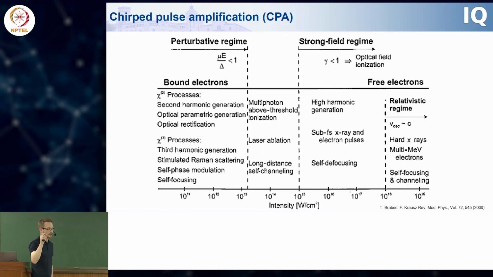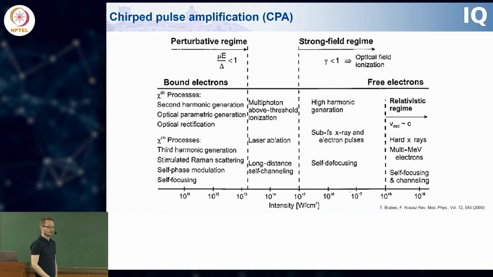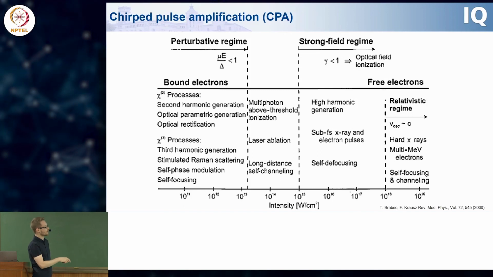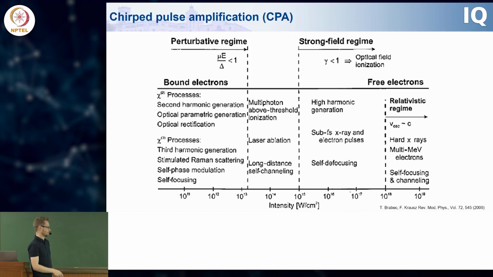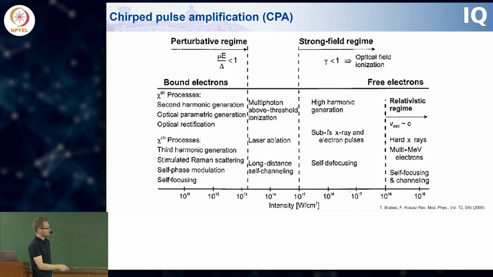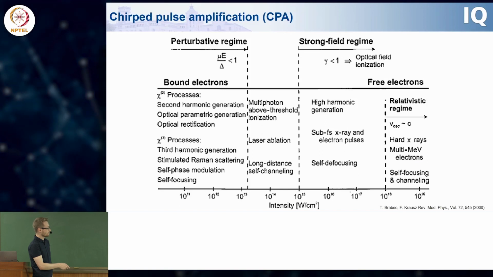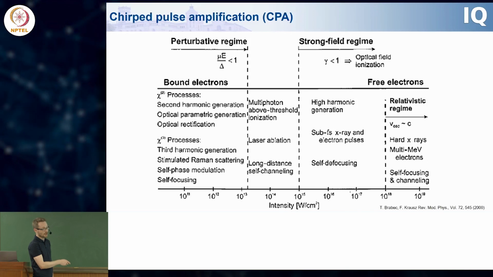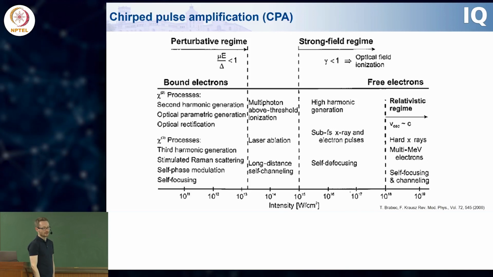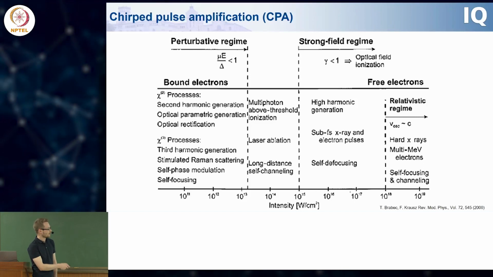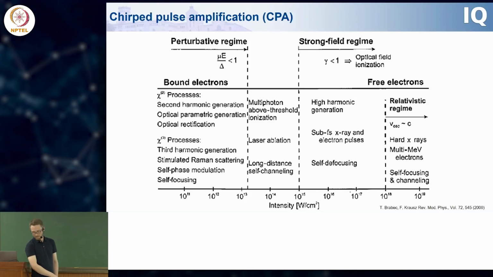So you go from 1 micrometer to 500 nanometers, roughly. However, now with the CPA systems, we can go into much higher intensities, where we're suddenly working with free electrons. So there we get plasma generation and especially high harmonic generation, which is the basis for attosecond physics till now, and one of the topics of this talk.